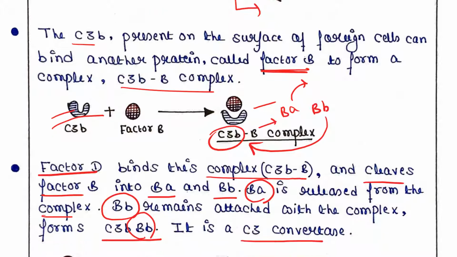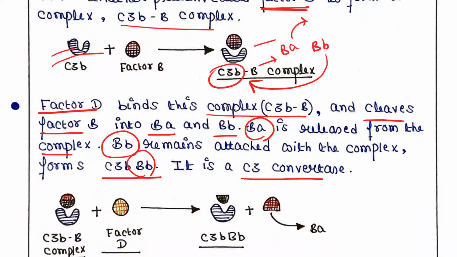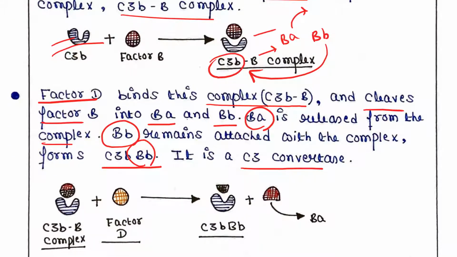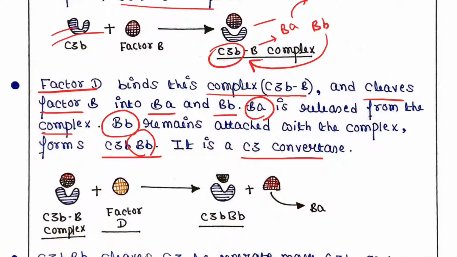That means it acts on C3, it converts C3. Now this C3bB complex is attached with factor D and C3bBb will be formed. Ba is released because factor D cleaves factor B into two fragments.